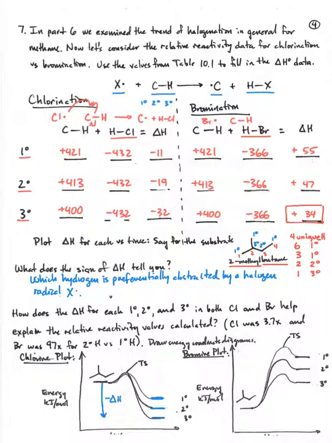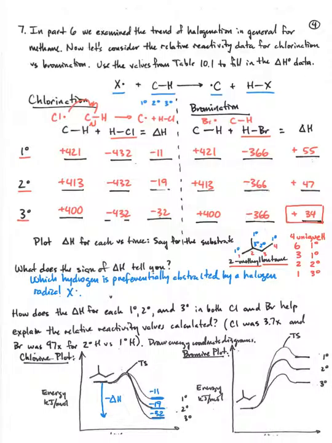So for a primary, we're evolving negative 11 kilojoules per mole. A secondary, negative 19, and a tertiary, negative 32. So because these values are negative, the chlorine radical will really abstract any of those types of hydrogen.